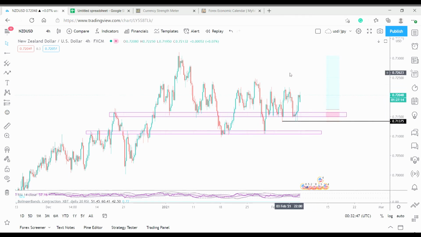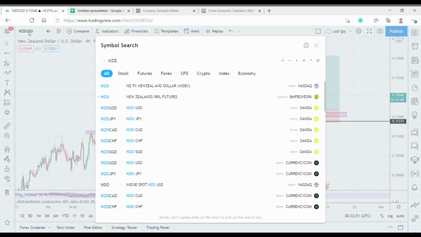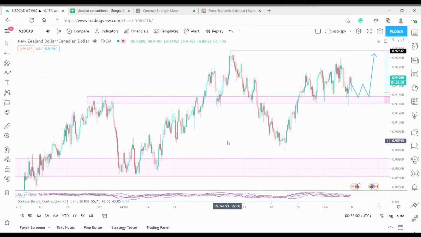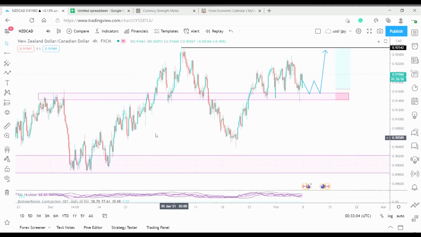All right, and let's go ahead and check the NZD Canadian dollar. Okay, it is overall on an uptrend as well. As I checked already on the daily chart, we do see that there is a major support area over here.